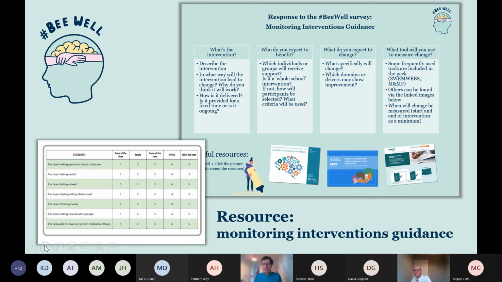The one on the right, the CORC website, which is where I'm based, gives examples of some of the tools that you might want to use, but we've included a couple as resources in the pack that might be helpful. So that's the Short Warwick Edinburgh Mental Wellbeing Scale, which is the one that's on the screen there. There's other ones in there too, so have a look. That's very much a whistle-stop tour about how to monitor interventions, but there's loads of information there that is helpful.